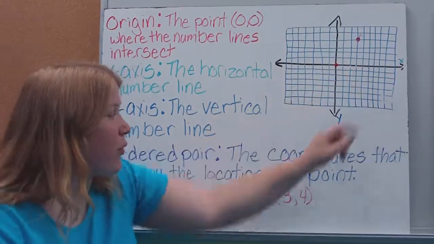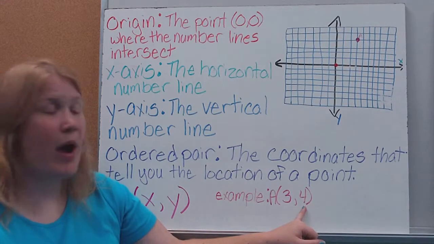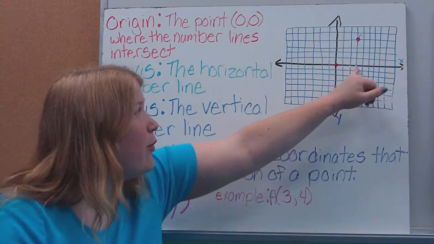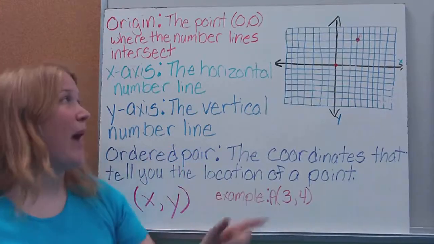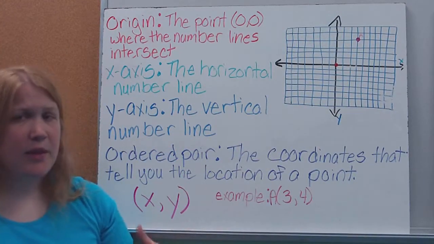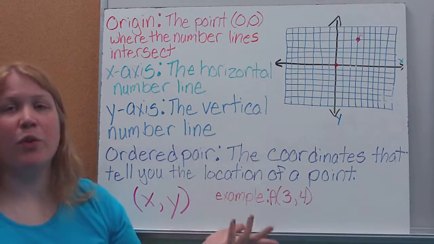It's 1, 2, 3 points over. And then the second one is how far up or down on our y-axis is it? It's 4. So we went 3 points over, then 1, 2, 3, 4 points up, and I wind up at my marked point. That's all we're doing. It's just a way to let you know where to find the point on the grid that we're talking about.